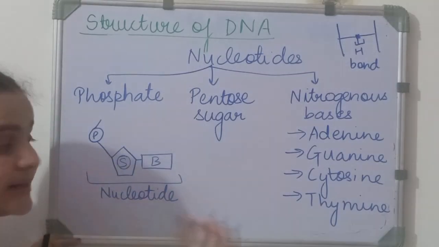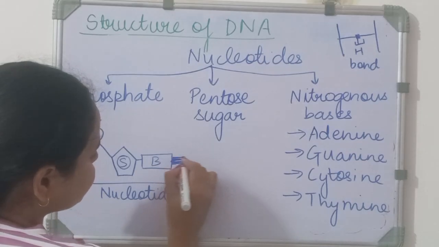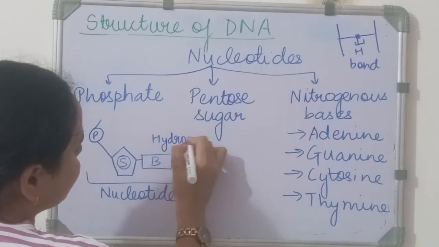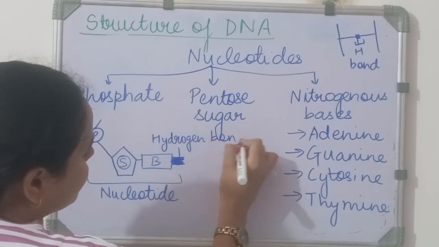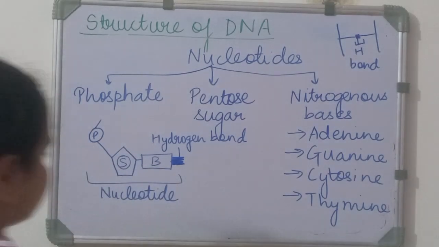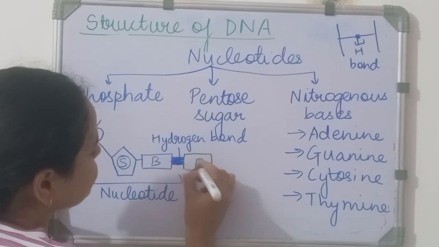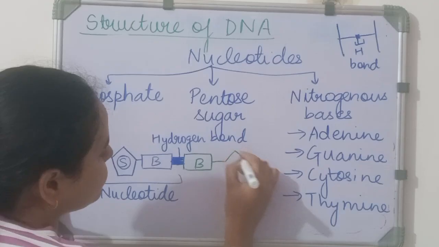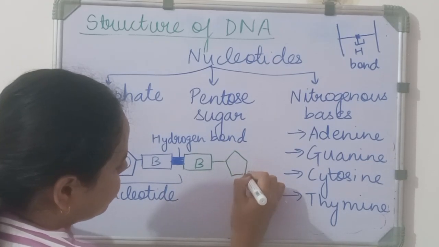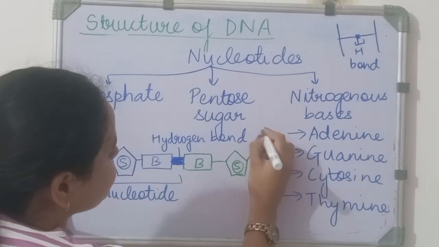So I am again drawing another nucleotide also. In between we have a hydrogen bond. Now I am changing the color. Again we have a base, with the base we have our pentose sugar, and with this sugar we have our phosphate.